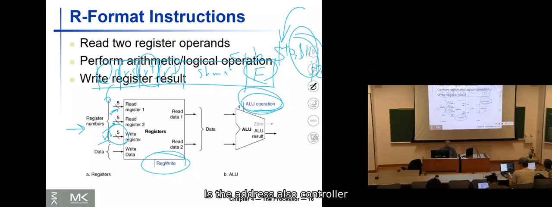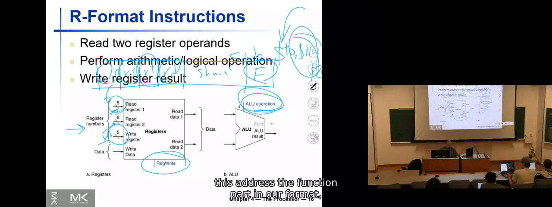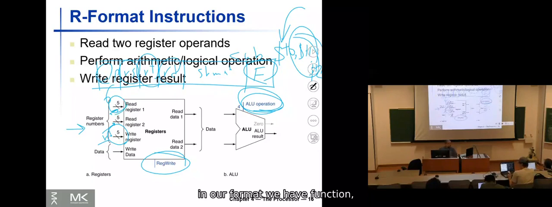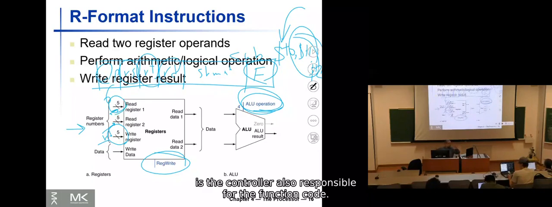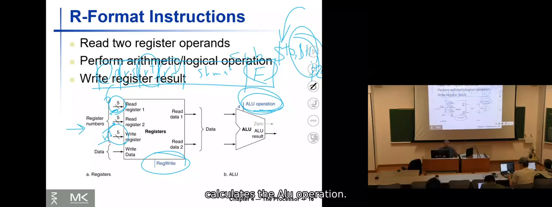So is the controller also responsible for the function part of the R format? Function code and opcode, is the controller also responsible for the function code? Not responsible. It takes that and, based on that, calculates the ALU operation.